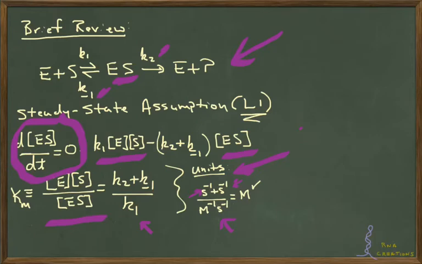Okay, so we know that the units check out. All right, so bottom line is we have a derivation, we have an equation for Km, and then what I want to talk about now is kcat over Km. Feel like reviewed, everybody? Okay.